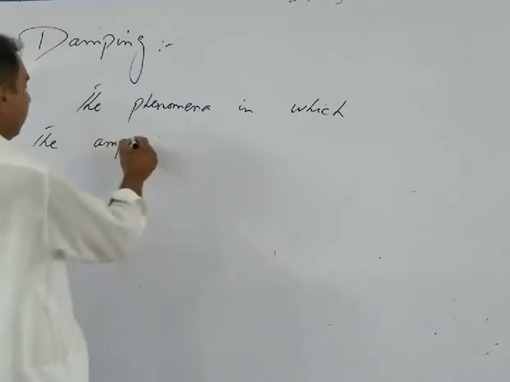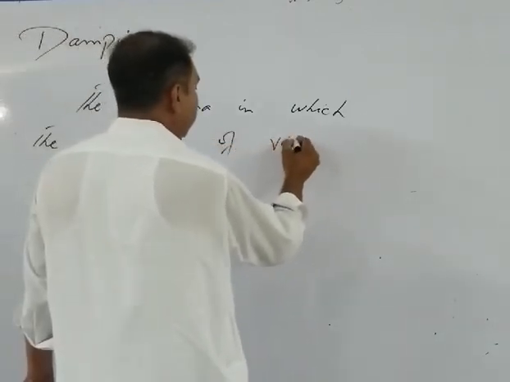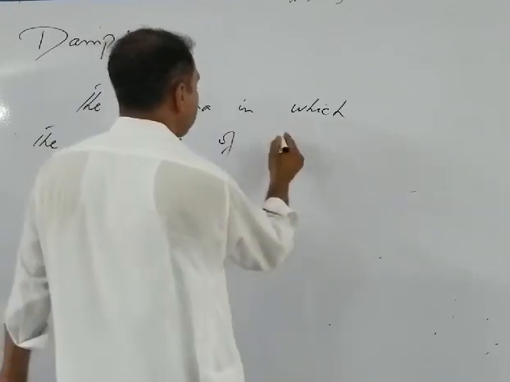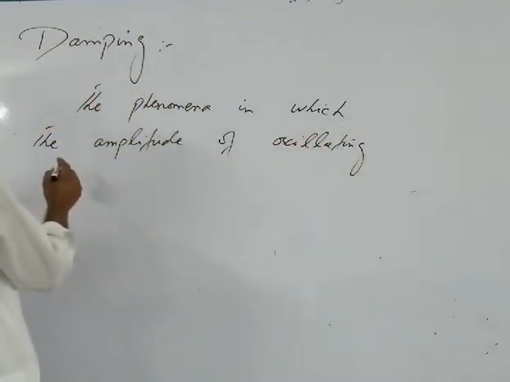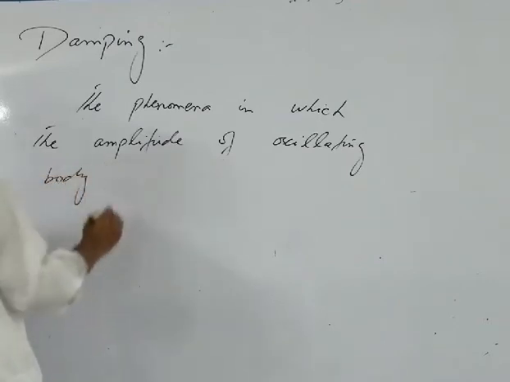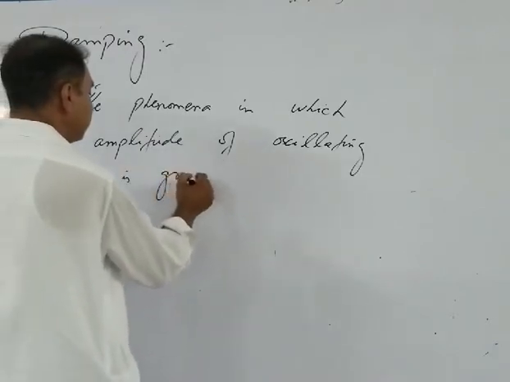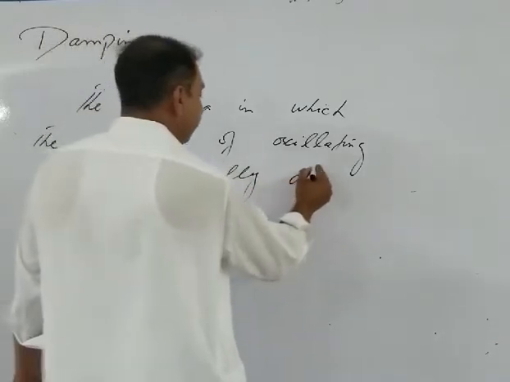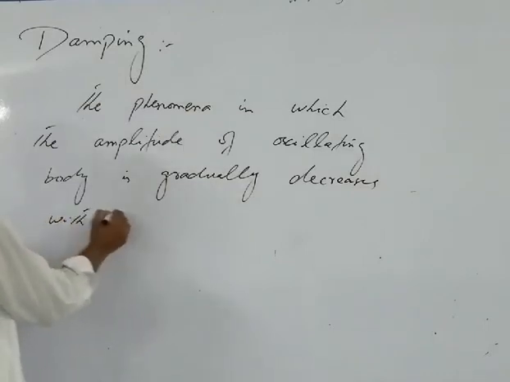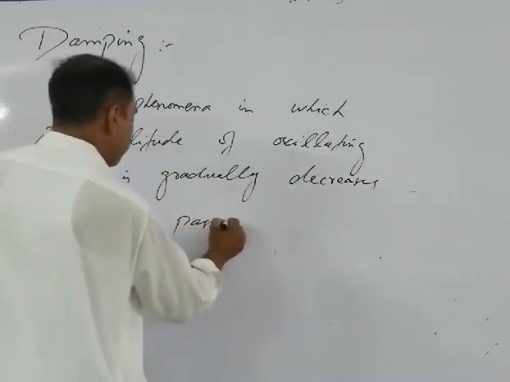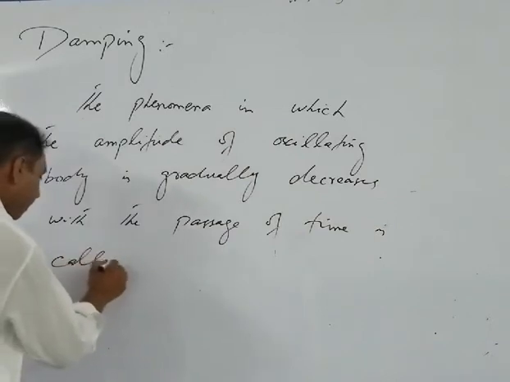The phenomena in which the amplitude of an oscillating body gradually decreases with the passage of time is called damping.